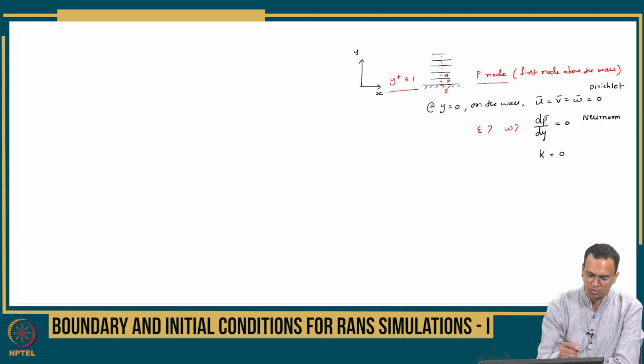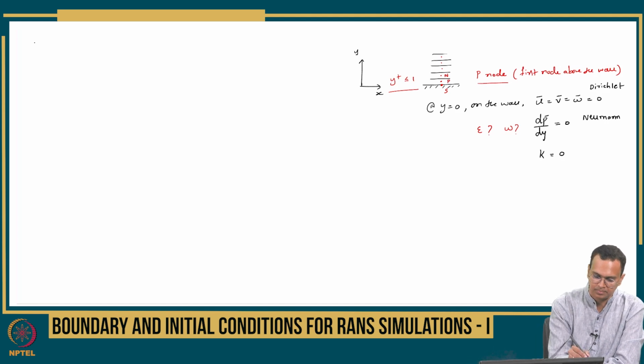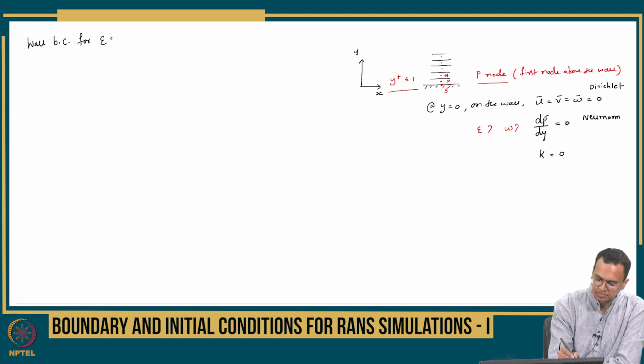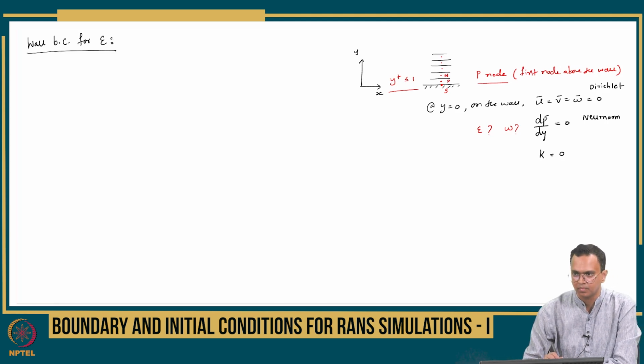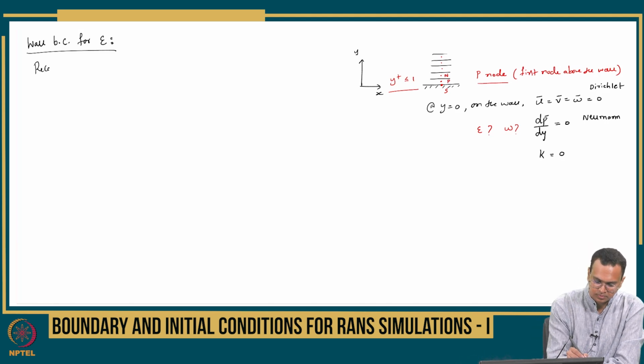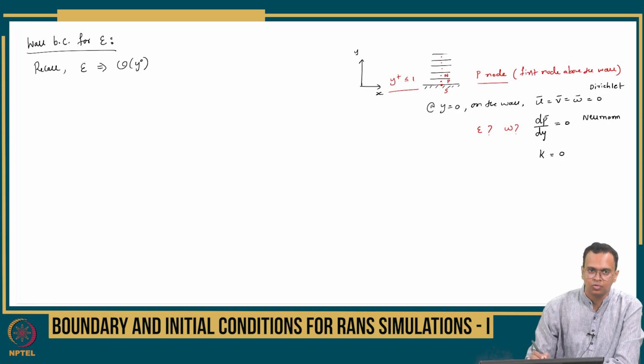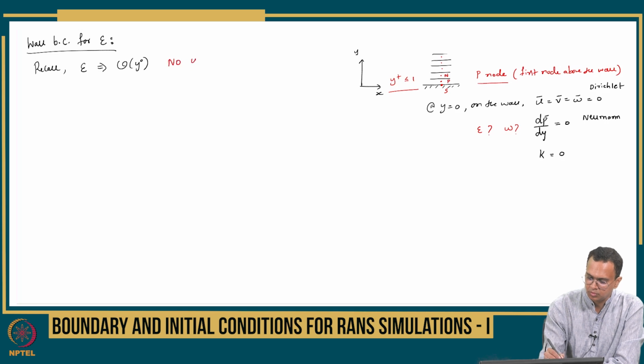Let's go back and see what we can do for the epsilon boundary condition. Okay. So the wall boundary condition for epsilon. So if you recall from yesterday's class, epsilon had no y dependency in the near wall region.